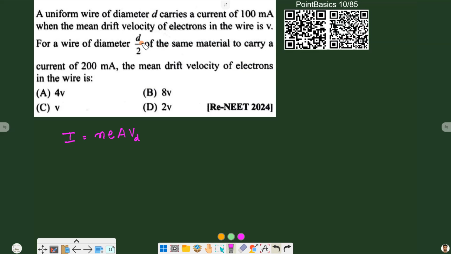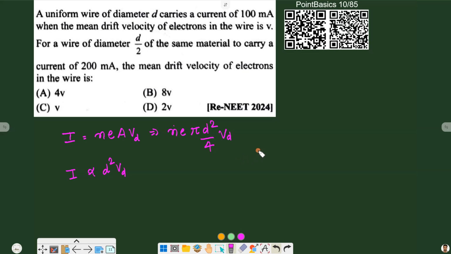So we have here diameter, so we will write area in terms of diameter. It will be NE. Area is pi r square and r is d by 2, so pi d square by 4 into drift velocity. Now assuming n and e, pi and 4 as constant, so we can say I is proportional to d square times v.